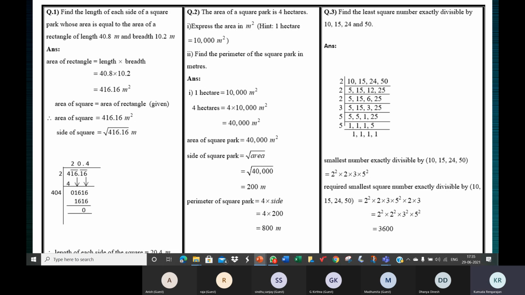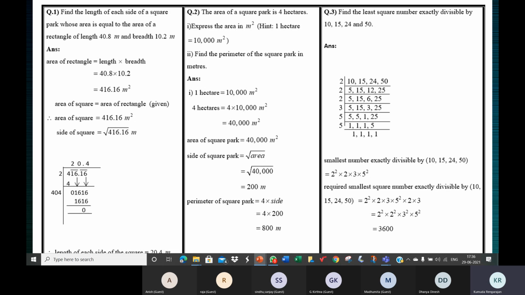For example, a plot of land whose each side measures 100 meters has an area of 10,000 meters square. A rectangular plot of land, 125 meters long and 80 meters broad, will have an area of 10,000 meters square. So this area is equal to 1 hectare.